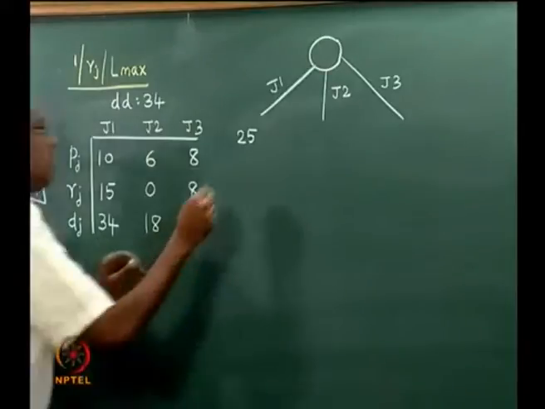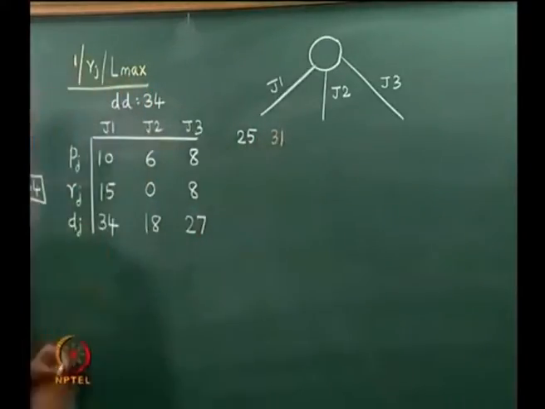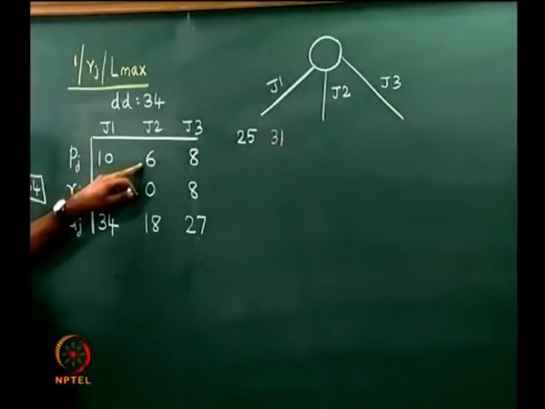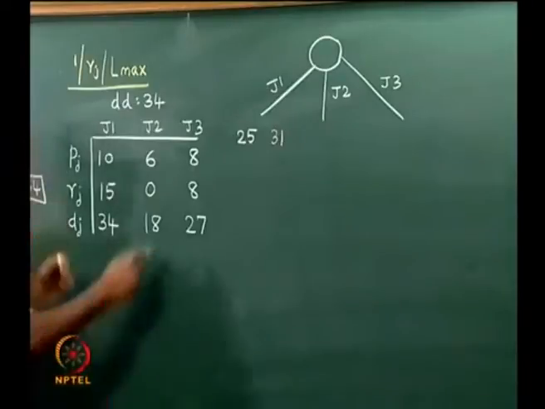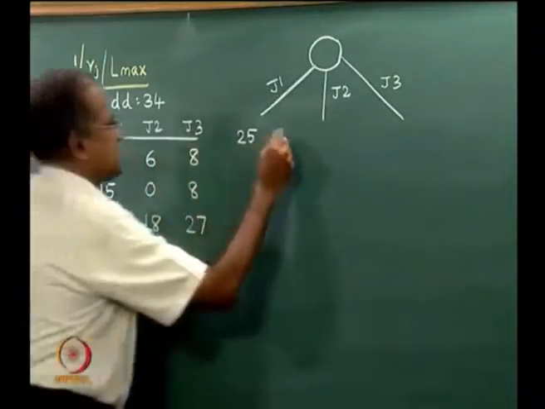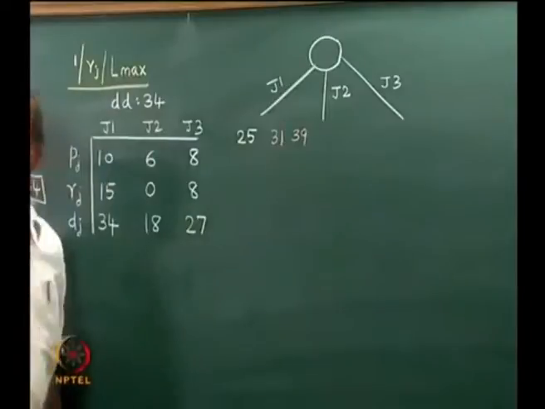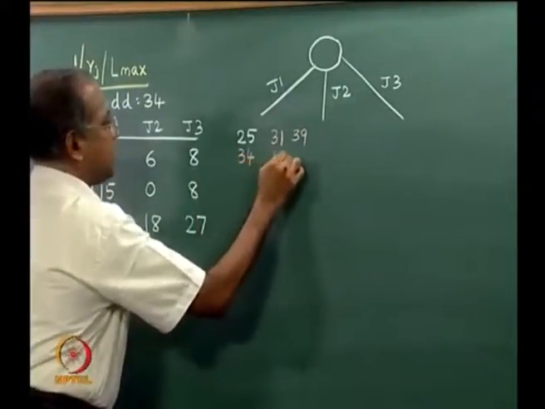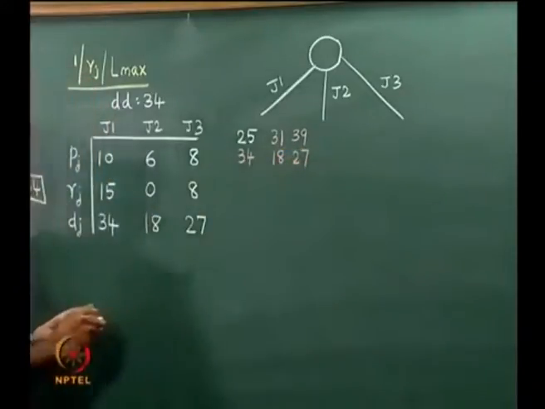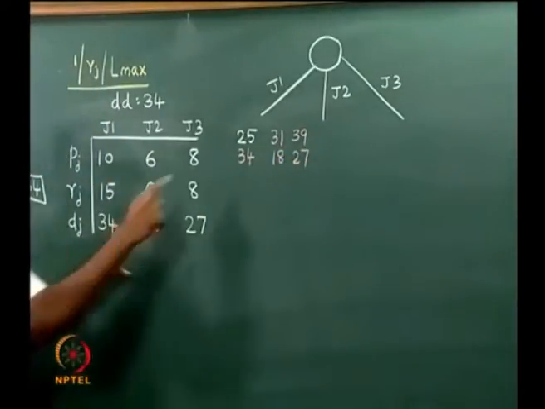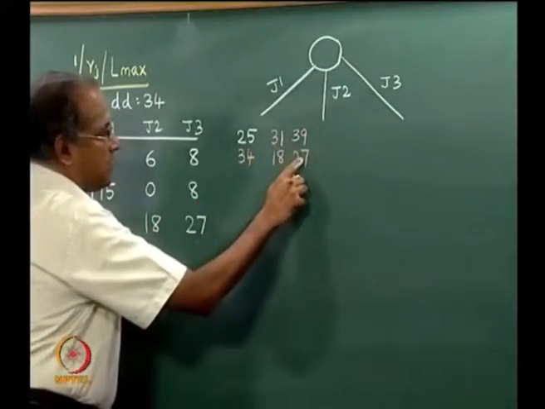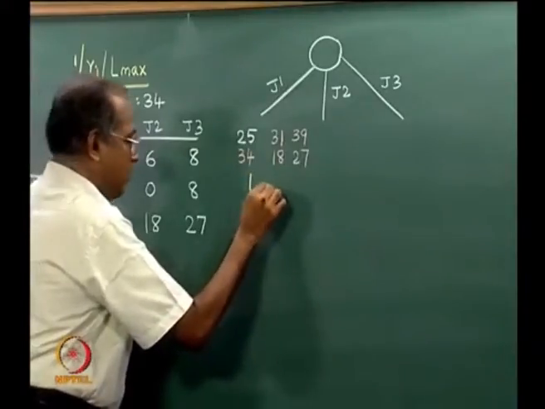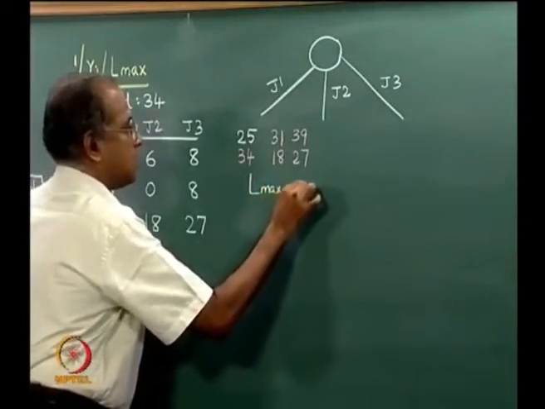So, J2 can finish at 31, because it is available at 25 plus another 6 is 31. By 31, J3 is also available, which is available at 8. So, 31 plus 8, 39. Due dates are 34, 18 and 27. So, here Lmax is 13, here Lmax is 12. So, lower bound on Lmax is equal to 13.